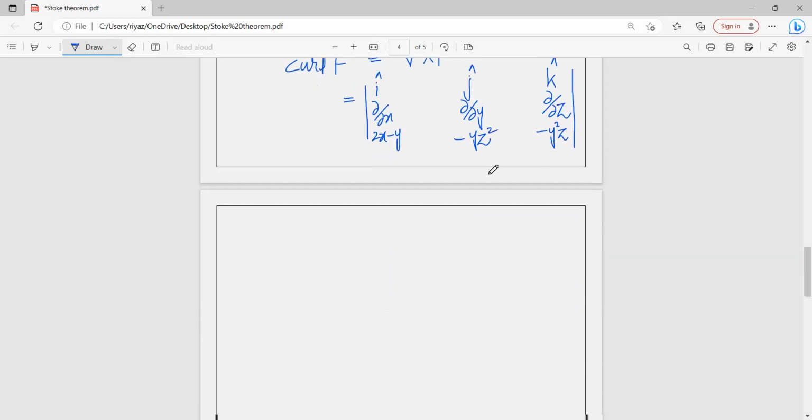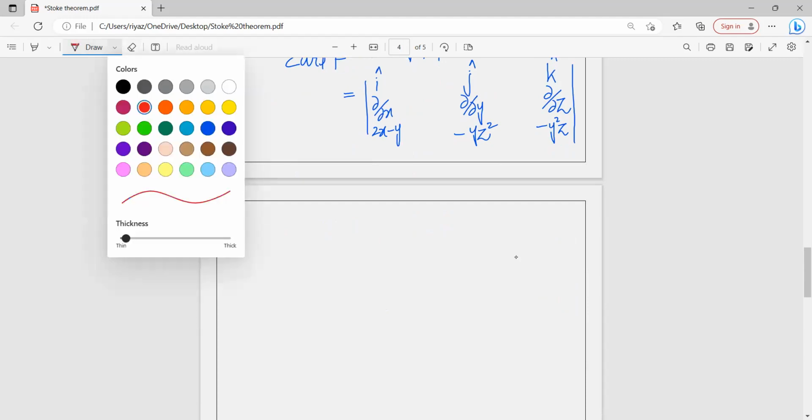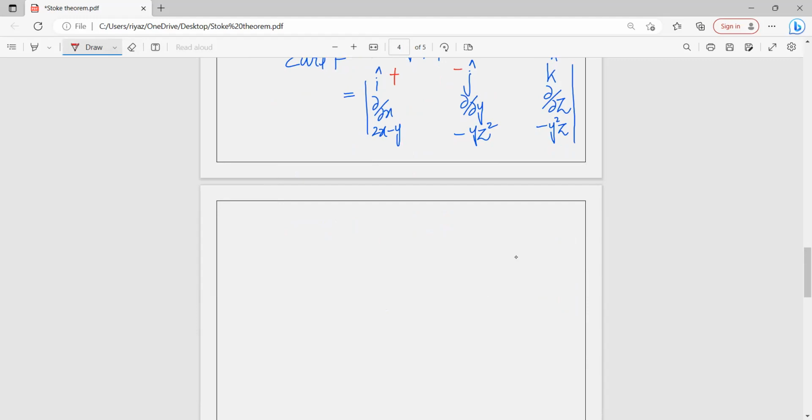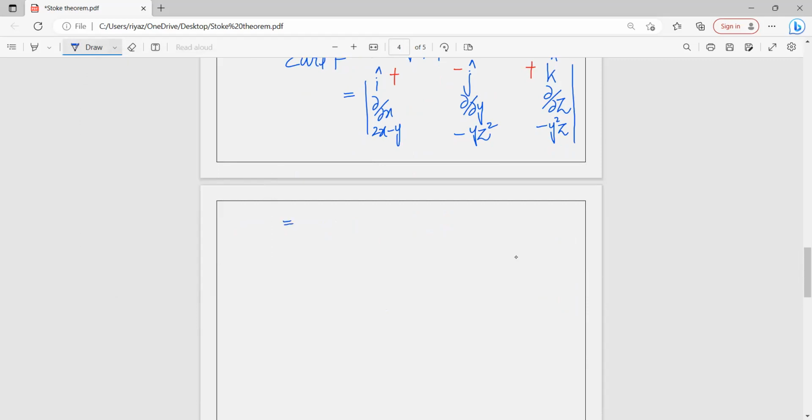Now we know the rule, plus minus plus will be the rule. So for i, the corresponding row and column we neglect. Let me write clearly, the rule is plus minus plus. Now tell me, whenever you are taking i cap, corresponding row and column we neglect.